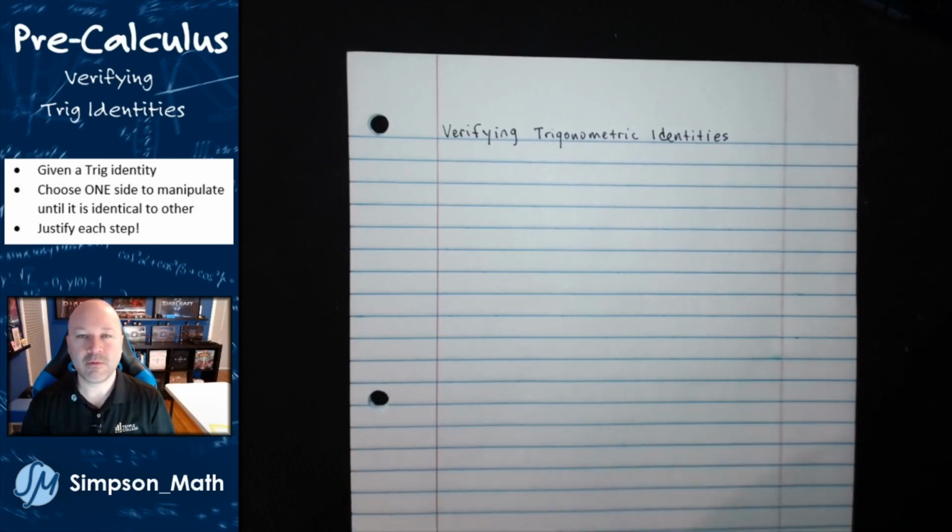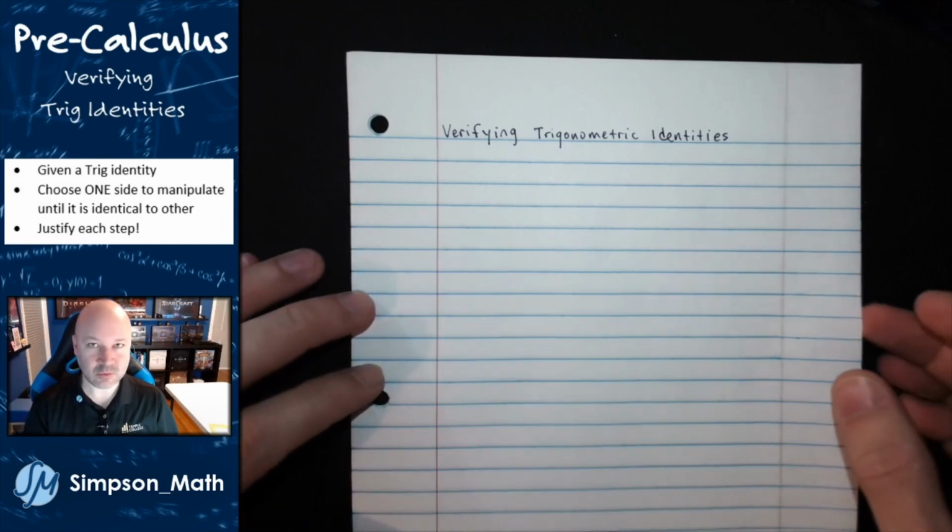Now, before we even begin, let me remind you of the identities that we've talked about so far. In previous videos, I just kind of littered the lectures with some identities. So let's go through those real quick.